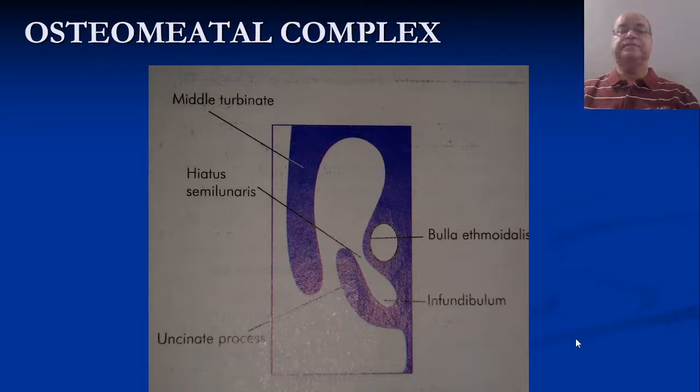Uncinate process is a bony projection, as I said. It forms the floor and the medial wall of the infundibulum, and it is sagittally oriented. It is approximately 3 to 4 centimeter wide and 1.5 to 2 centimeter in length.